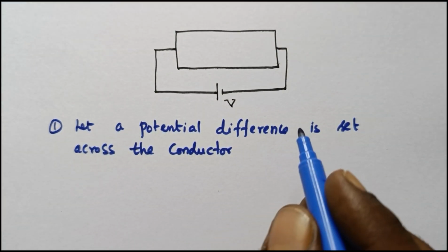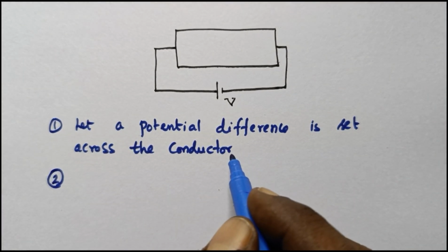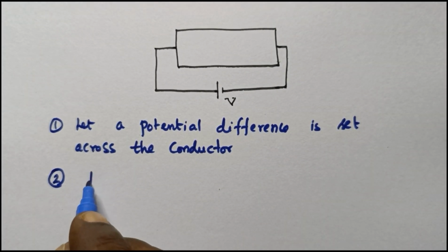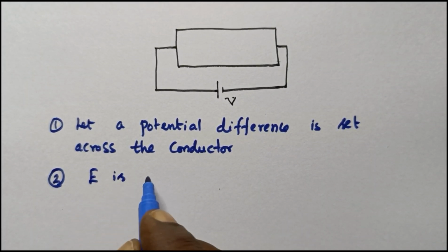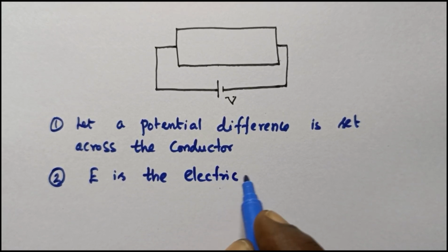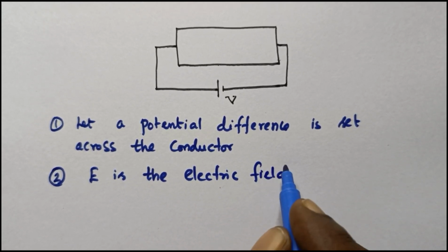So V is that potential. Because of this potential difference there is a field E. So E is the electric field.